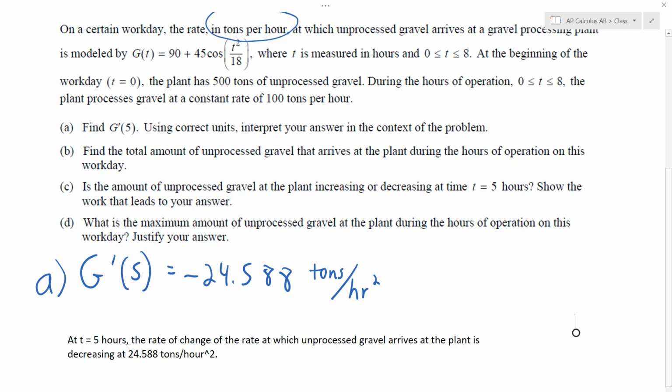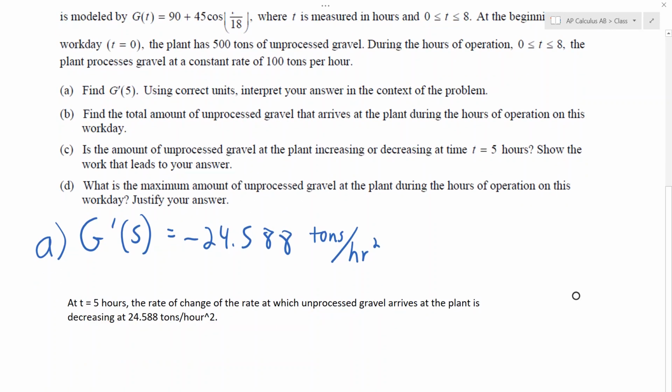Sorry, with D. D says max. But either way, it has nothing to do with G prime. Don't second guess me. I demand respect. Anyway, that should not have been a hard question at this point. You find the derivative, you got a calculator, that's it.